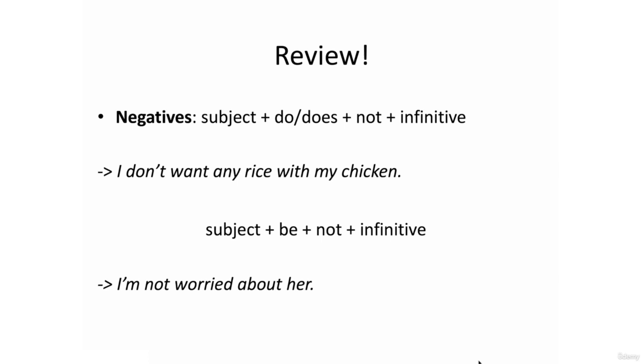For example, I don't want any rice with my chicken. To form negative sentences with the verb to be, we use the construction subject plus be plus not. And we can also contract the verb to be with the word not. I'm not worried about her.